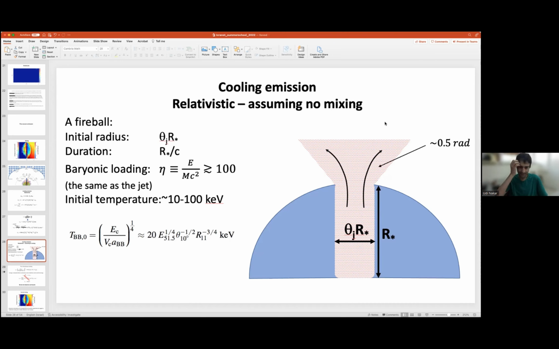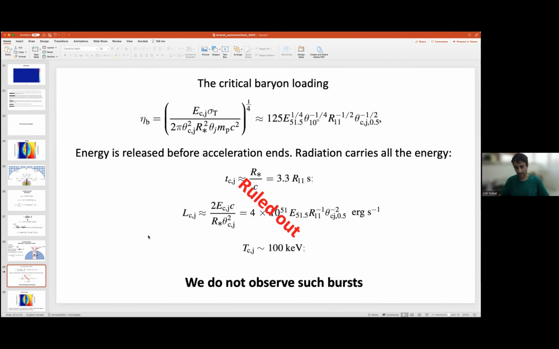And it turns out that the emission that we will see will be very bright and in principle should have been seen in gamma rays. So the temperature that we are going to see is roughly 100 keV. The time is over seconds, and the luminosity is about 10^51 ergs per second in this region. So it should be roughly thermal.